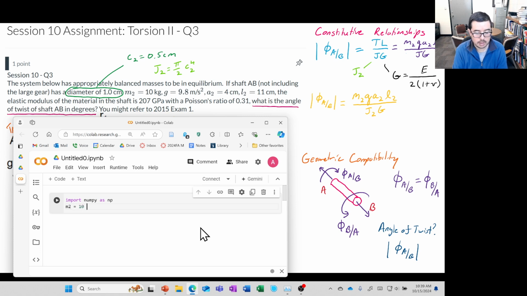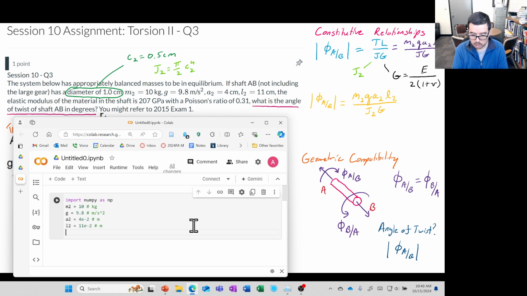M2 is going to be 10 kilograms. g, we said, is 9.8 meters per second squared. A2 is equal to 4 centimeters, so we'll do 4e-2, which will give us units of meters. We need an L2, and L2 was given as 11 centimeters, so we'll do 11e-2.